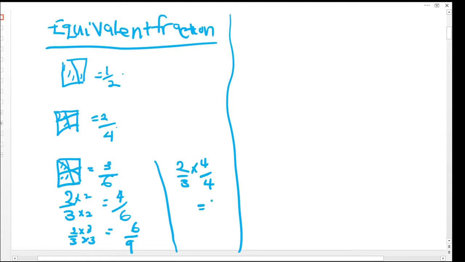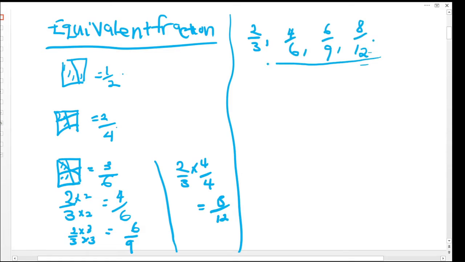So this is going to give us 8 out of 12. Therefore, the equivalent fractions we obtain from 2 out of 3 are 4 out of 6, then 6 out of 9, and again 8 out of 12. So those are the equivalent fractions.